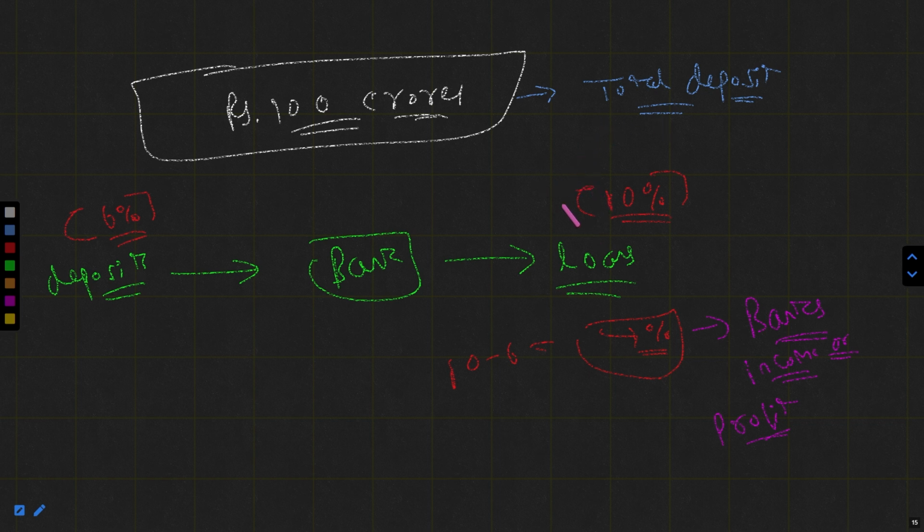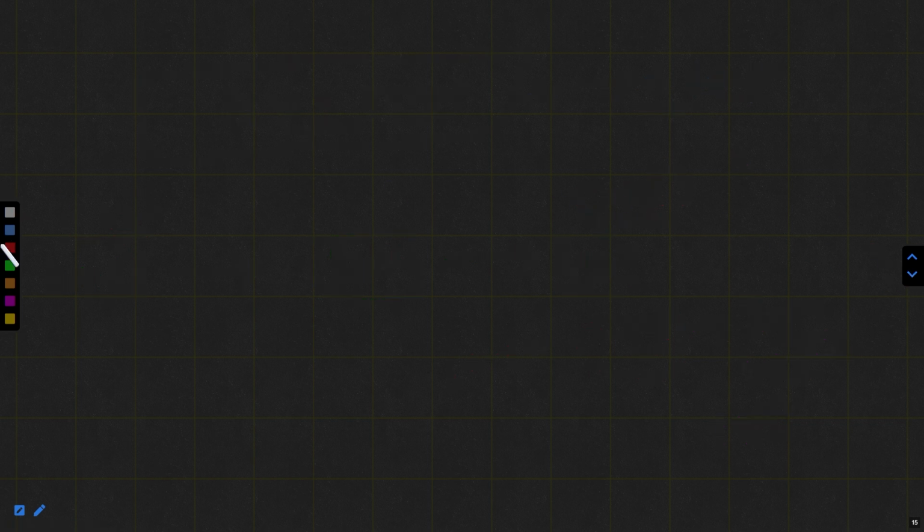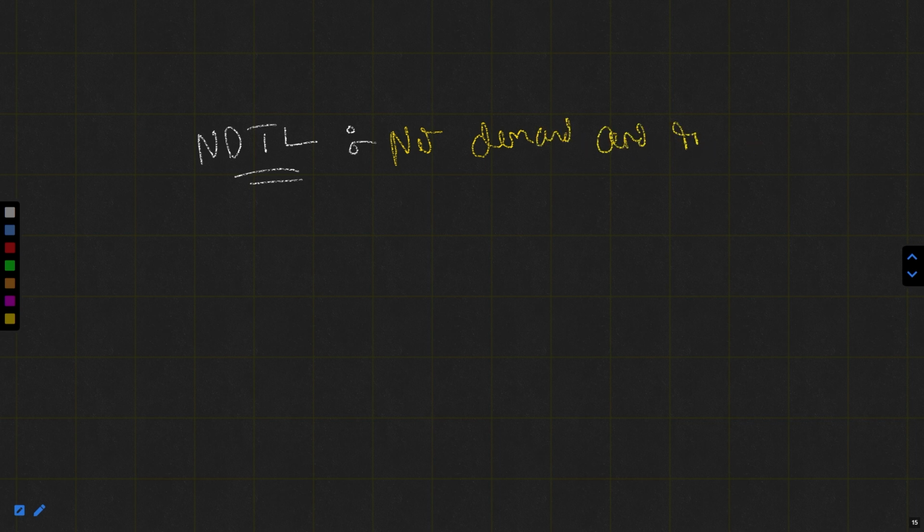So what is happening? The bank could not lend out the 100 crores as loans to the borrowers. Why? Because, as I have told you, the bank has a liability which we call NDTL, and the full form is net demand and time liability, right?